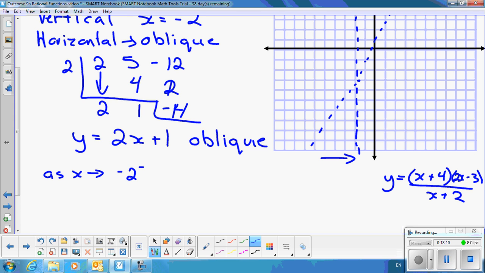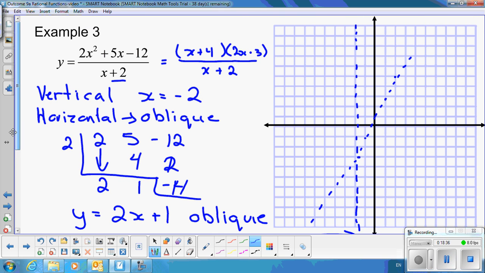Negative 2.1 plus 4 will be positive. Negative 2.1 times 2, minus 3, will be negative. And in the denominator, negative 2.1 plus 2 will be negative. So overall, my function will be positive, so y will approach positive infinity. Back up on my graph, as I approach this vertical asymptote from the negative side, y is going to be approaching positive infinity. So it's going to be going up like that.